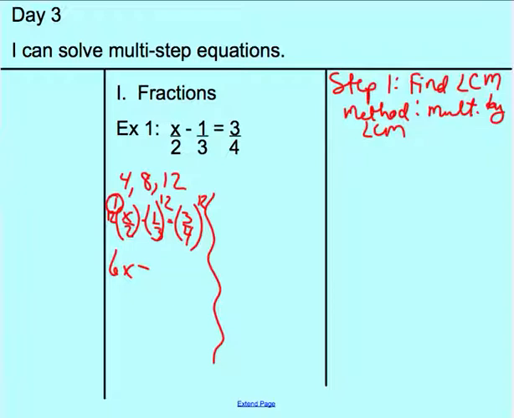Now I'm going to take the 12 divided by 3 instead and get 4. By the way, I will, on this one, show you what happens if that numerator isn't 1. So 12 divided by 4 is 3, but now I need to multiply it by the 3 in the numerator to get 9.